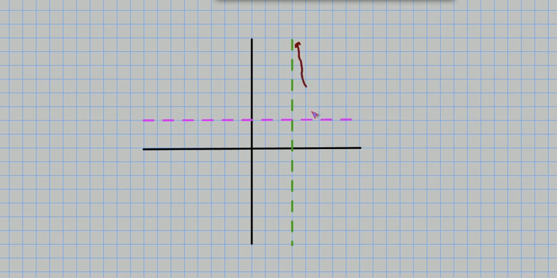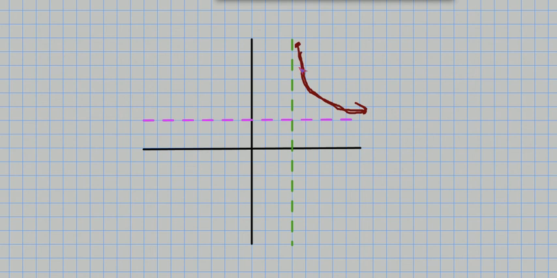It's almost like they're magnets drawing the curve toward them, and I apologize, it's not a very smooth curve. But I'm getting closer to this asymptote, and we're not going to touch or cross them. So I can get infinitely close without touching them.